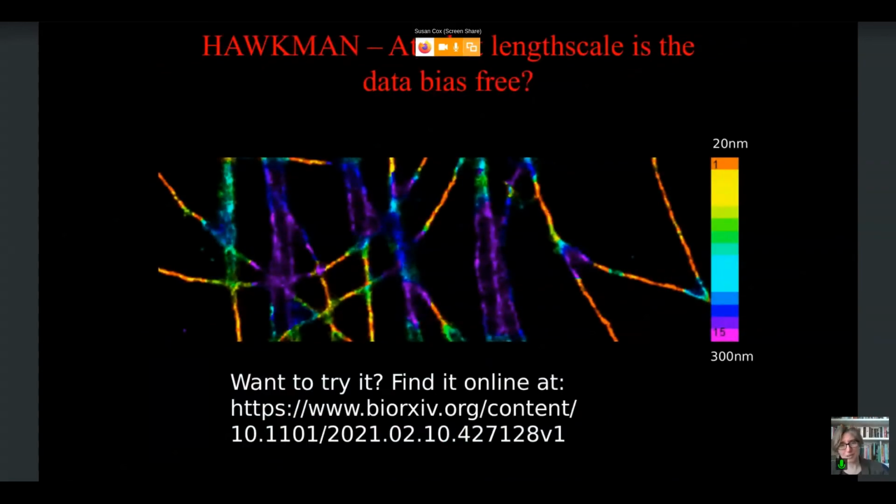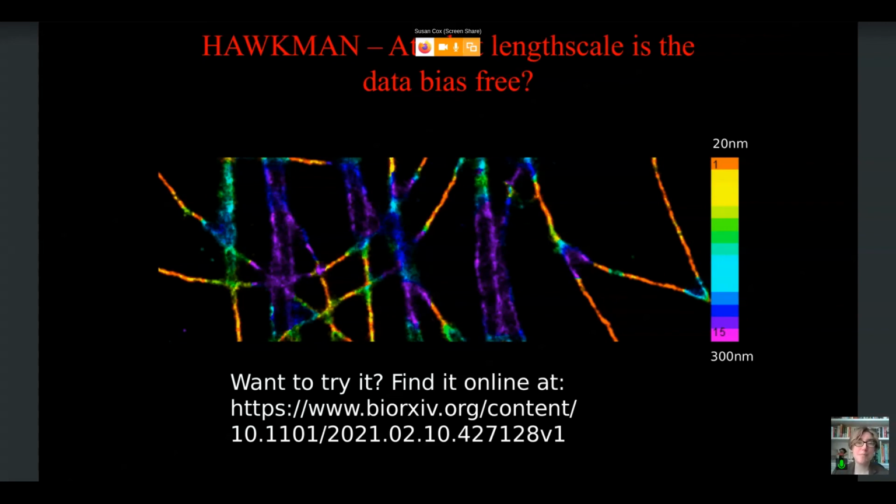And of course, we do actually have in those maps information about the length scale at which the data is reliable. So what we've done is we've created an output map which identifies the shortest length scale at which the data in that small sub area is considered reliable.